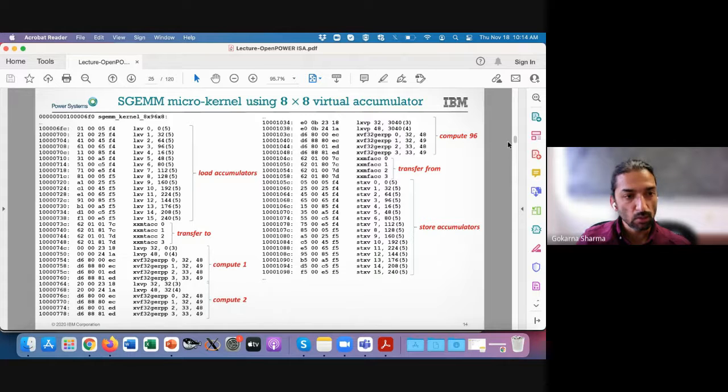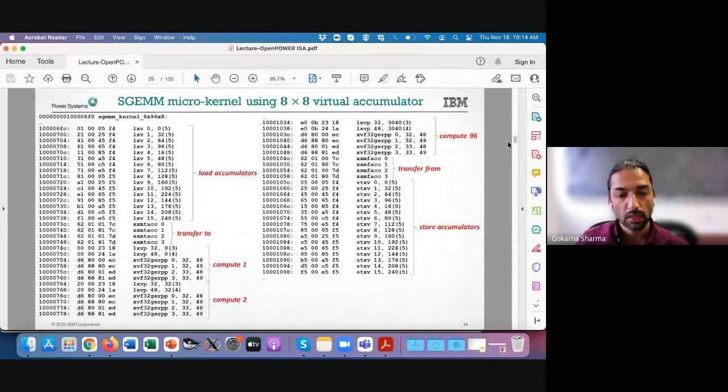Here, LXV is going to load the register, right? Load the register, and how are you loading? Since you are working with 32-bit, you have 0, 32, 64, 96. Again, you go into 4, that is 16, 48, and so on. This way, you can load the accumulators. You can transfer to the accumulator from these vector scalar registers, and then you go into computation.